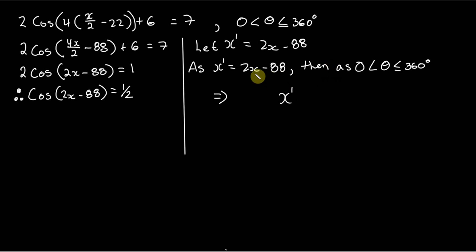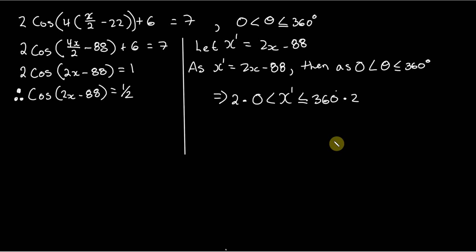Well, there's a coefficient 2 in front of this x, so we need to multiply by 2 on both sides. So we're going to say big X prime is greater than the original interval's 0, times 2, and it's less than or equal to 360 degrees, once again times 2. Okay, so I think that's maybe what should be emphasized as the key step.